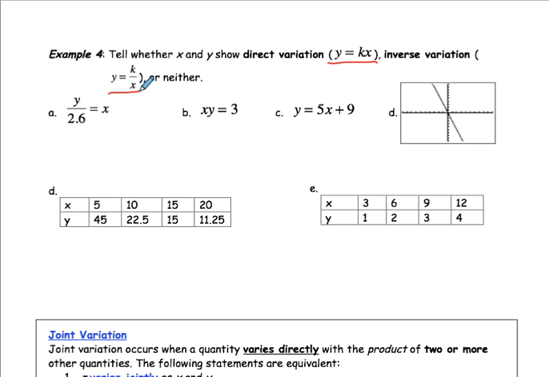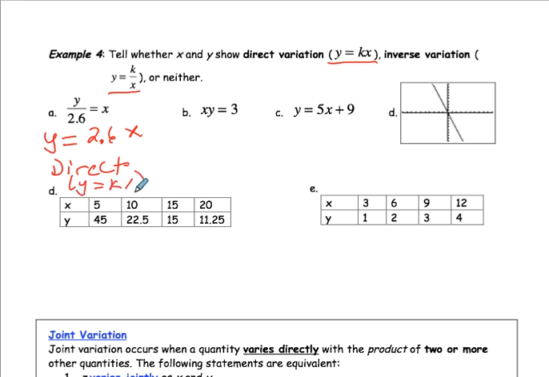You might want to pause the video, try these out on your own, and then check with the work that we're doing here. In the first model, I have y divided by 2.6 equals x. I can rewrite this as y equals 2.6x. So this is an example of direct variation, right? We're just putting this into the form y equals kx.